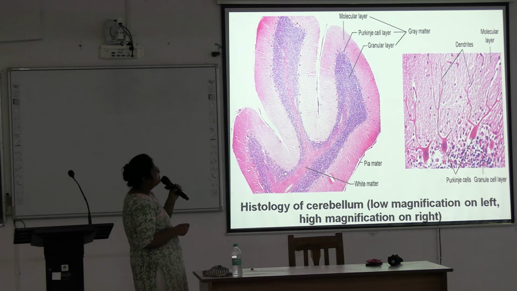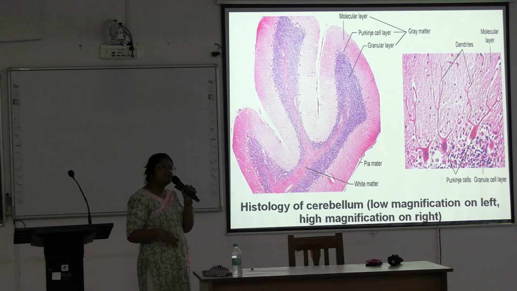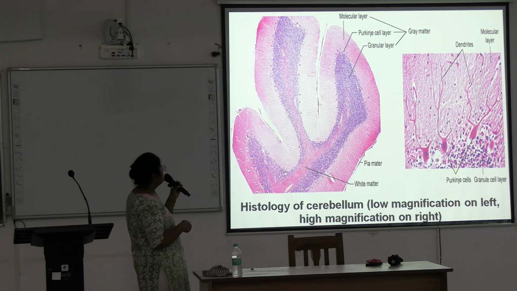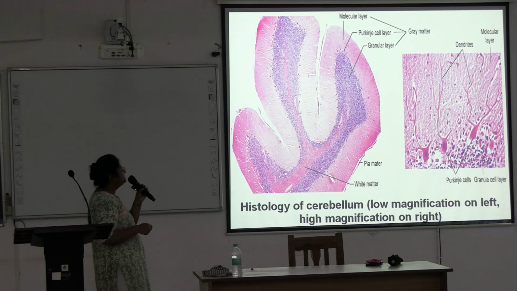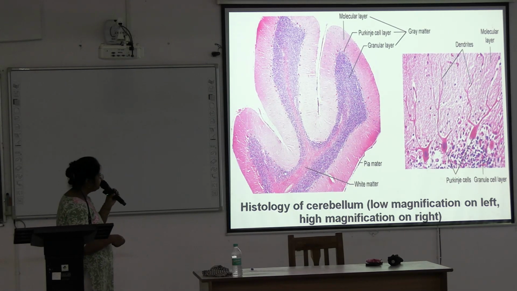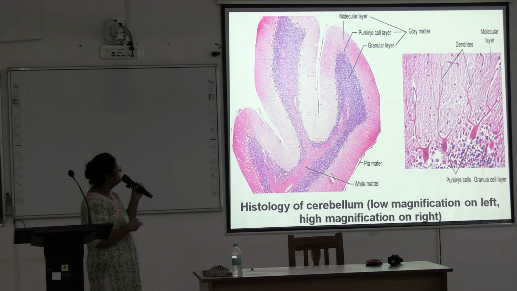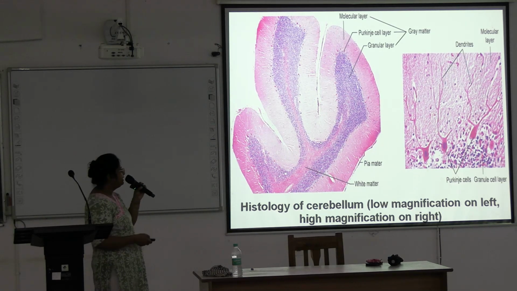These are mainly the nuclei of different cells, Golgi cells and granule cells, taking this bluish coloration. And innermost is the white matter, through which pass the fibers, and the neuroglial cells are lying here.